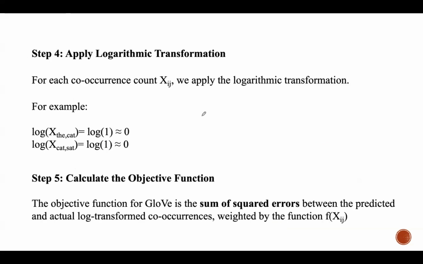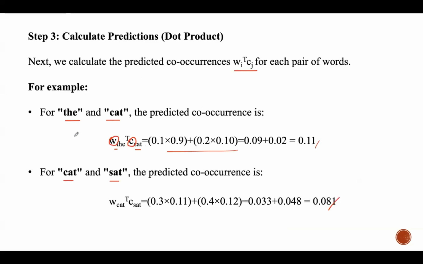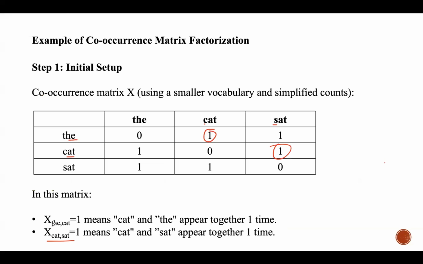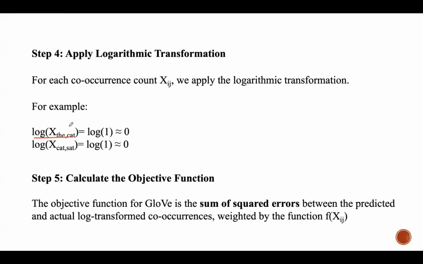Step 4 is to apply the logarithmic transformation. So take the log value of X the,cat. Initially we calculated this value, X the,cat equal to 1. So substitute 1 in place of this, and log 1 value is 0.